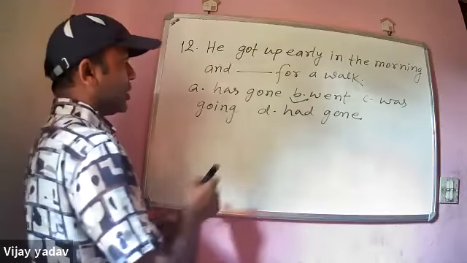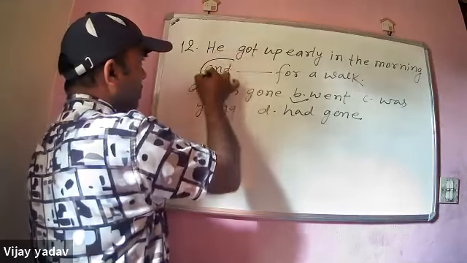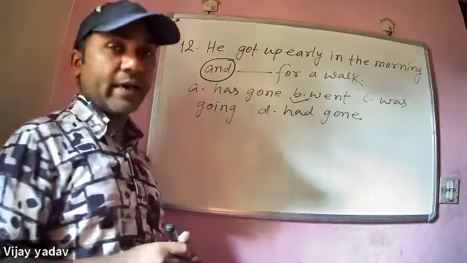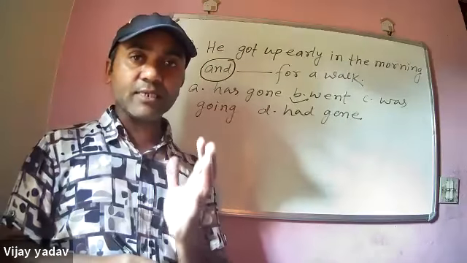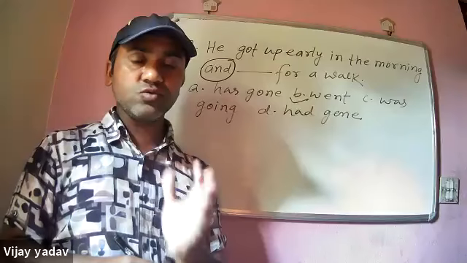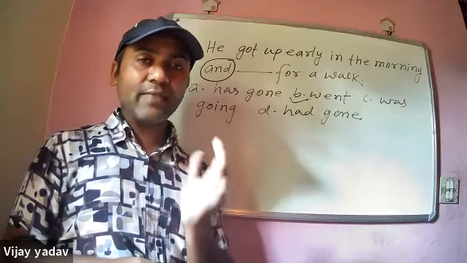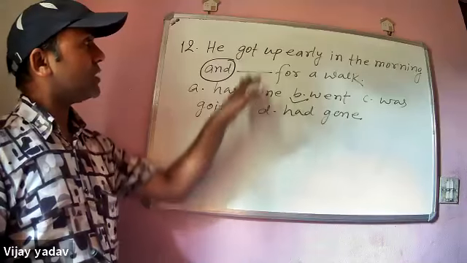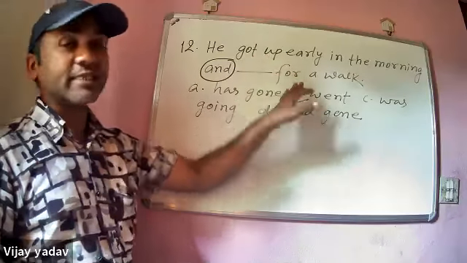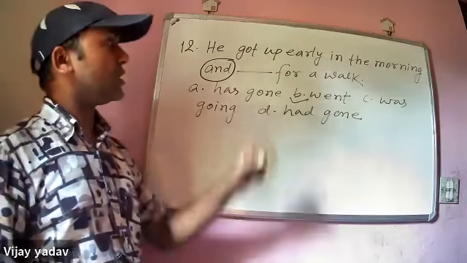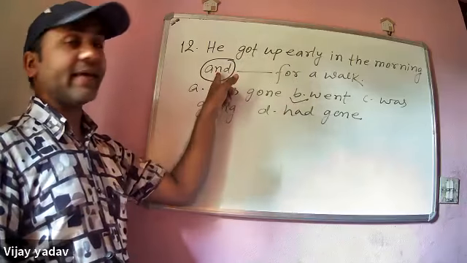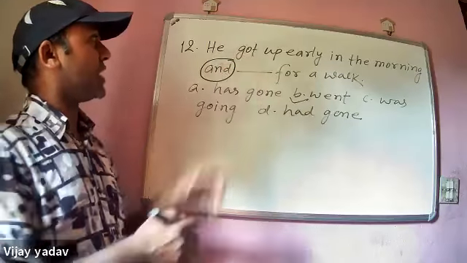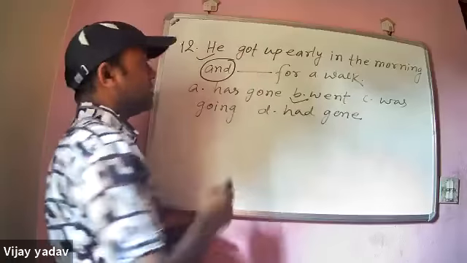So its rule is, see, if two clauses are joined by and they have the same subject, then in both the clauses we use the same tense. So here these two clauses are joined by and, the first clause has the subject he.